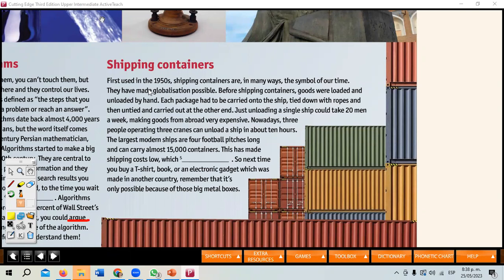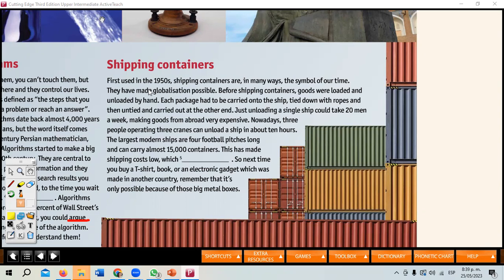Shipping container. First used in the 1950s. Shipping containers are, in many ways, the symbol of our time. They have made globalization possible. Before shipping containers, goods were loaded and unloaded by hand.